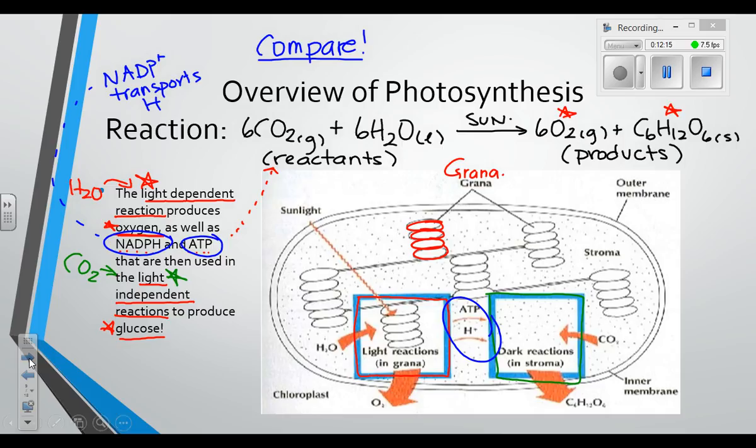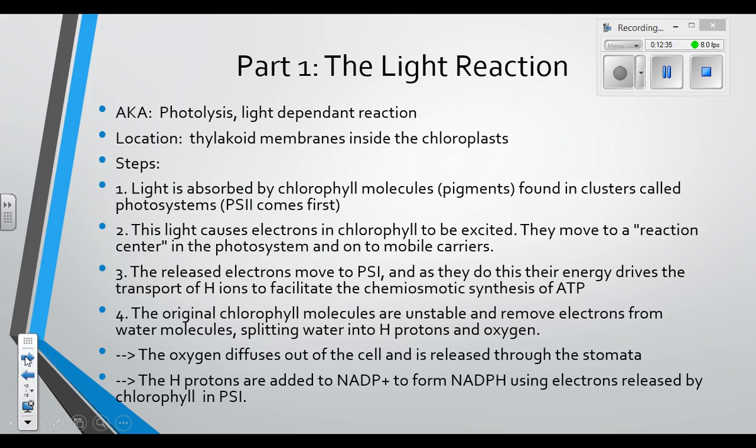So we have to talk about the light-dependent reaction first. The light-dependent reaction has a couple of names. Most of the time in your textbook they refer to it as the light-dependent reaction, but commonly, like in the science world, there are other things that we could call it.